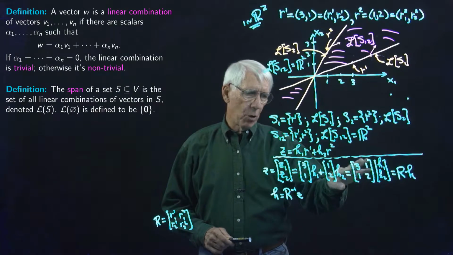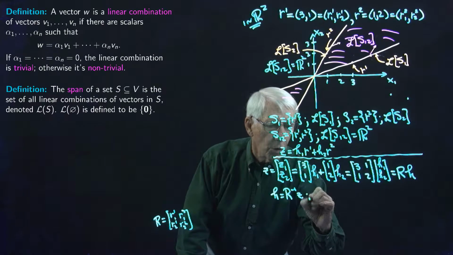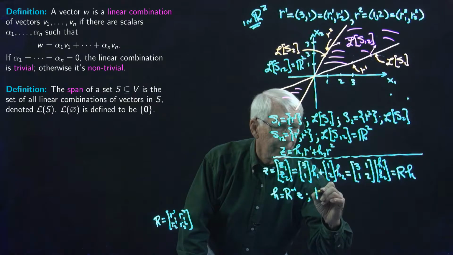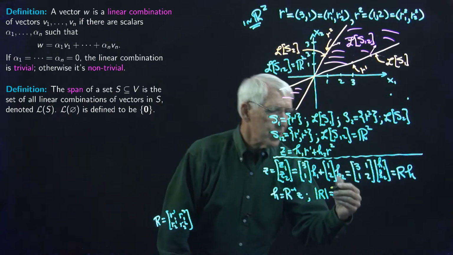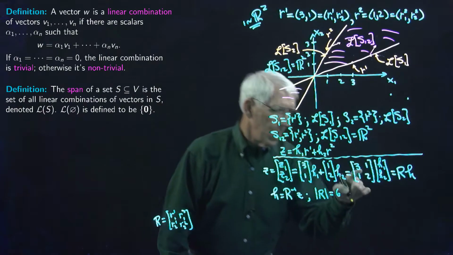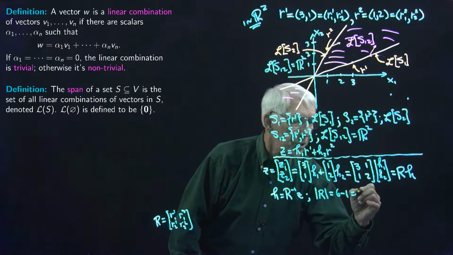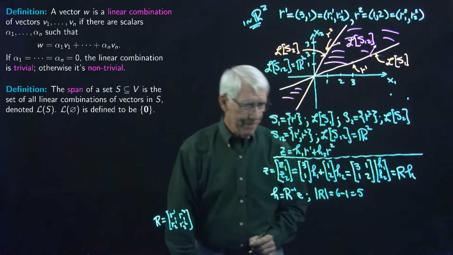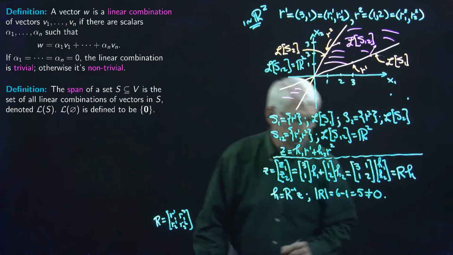This is such a simple one that you can virtually just look at it and see it's non-singular. But let's note that the determinant of R is 3 times 2, that's 6, minus 1 times 1, which is 1. So the determinant is 5, and that is not 0.